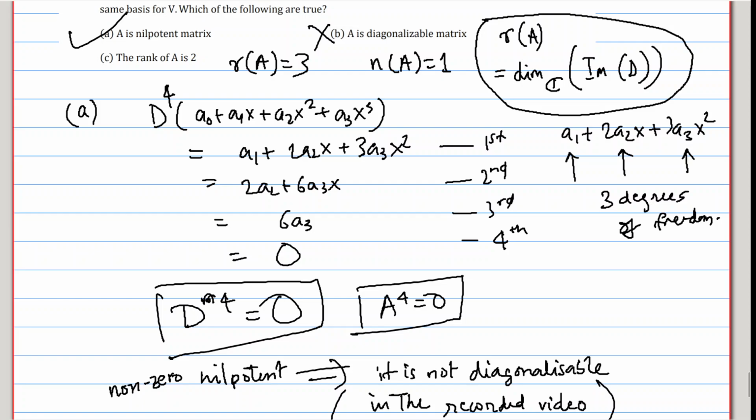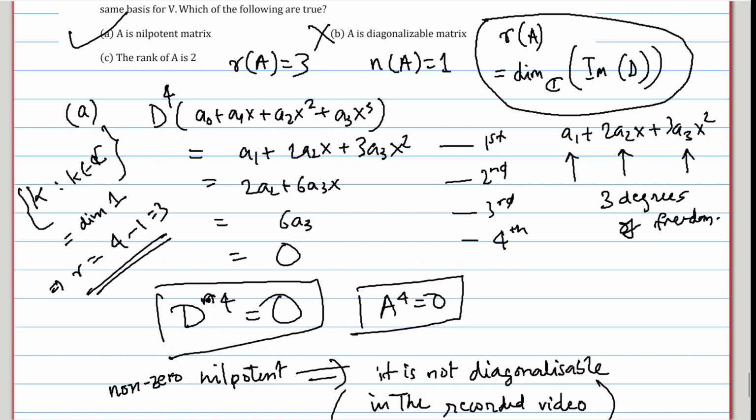The nullity will be all constant polynomials k, which is of dimension 1. That means rank would be 4 minus 1, which is 3. This is also another method. Is this okay?